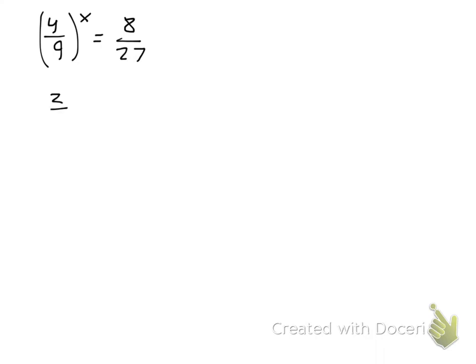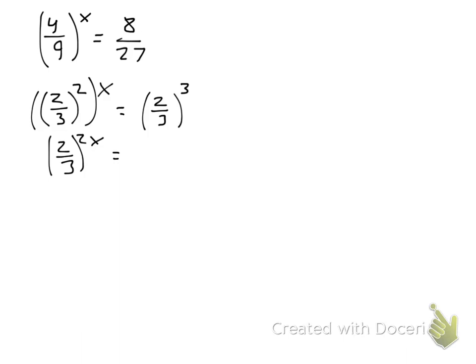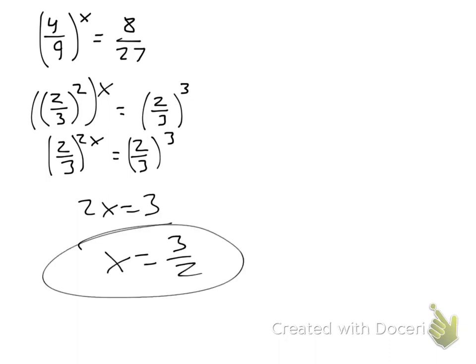So what if I said 2/3 and I square that? Wouldn't that get me 4/9? All of that is to the x power, because I'm not touching that. Then that equals 2/3 to the power of 3 to give me 8/27. So this is 2/3 to the 2x equals 2/3 to the third. Again, 2x equals 3, x equals 3 over 2.